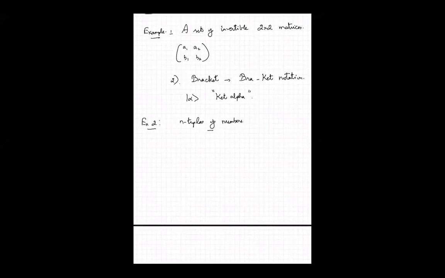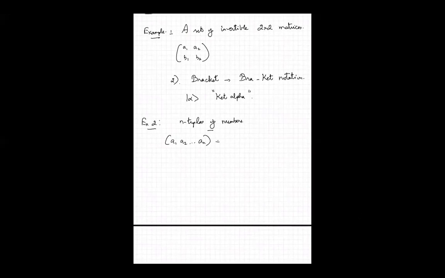Okay, sorry about that. So n tuples of numbers is another example of a linear vector space. Suppose I have a bunch of numbers a1, a2, up to an that I arrange in the form of either a row vector or a column vector, I can take two of these n tuples and add them.